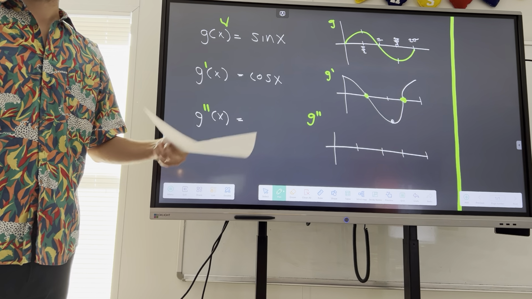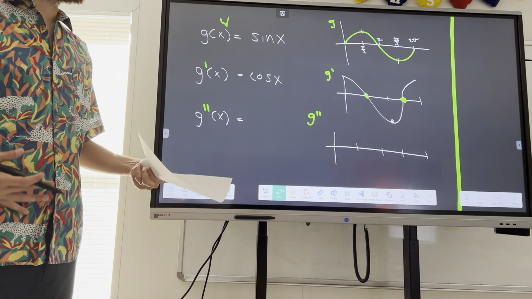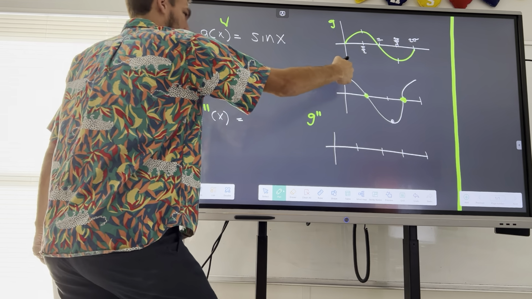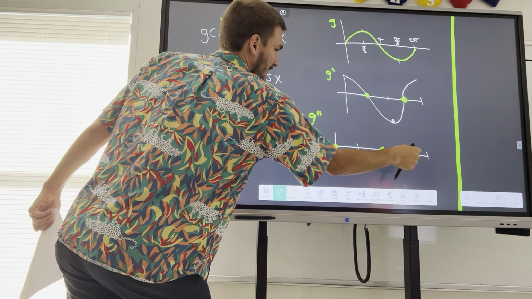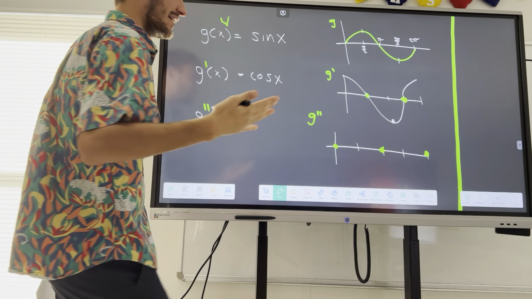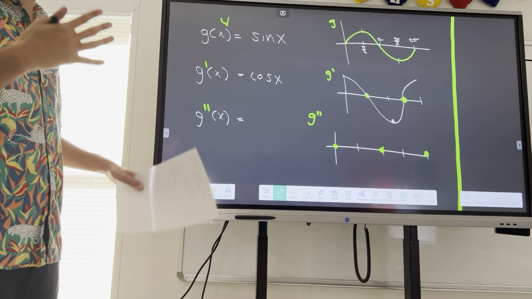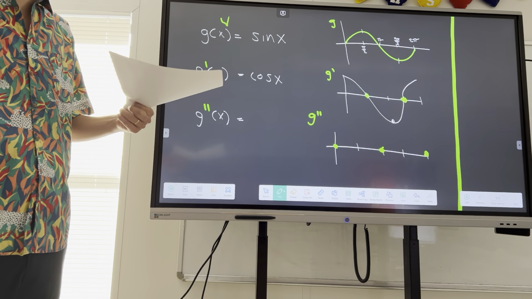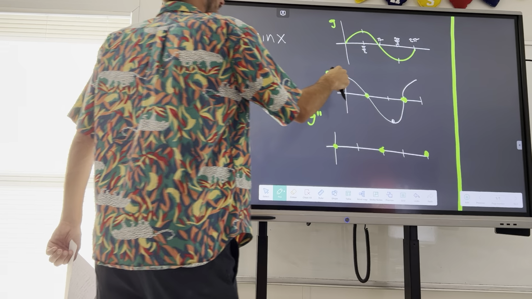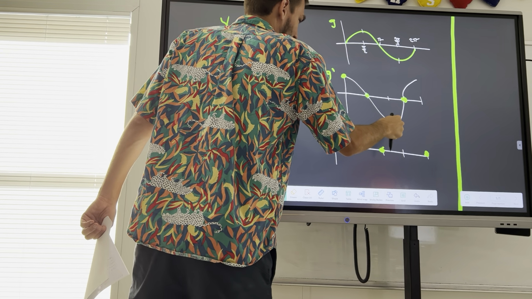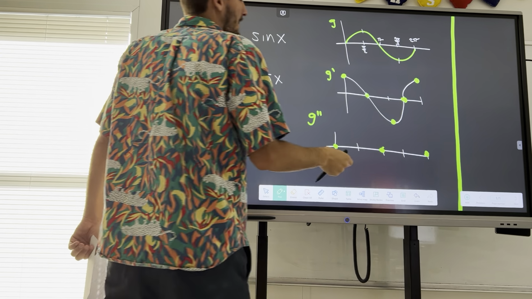So the instantaneous rate of change is 0. At the peak, at the valley, at the peak. Here, here, here. Is this on the right track? Yeah, this is looking kind of siney, to be honest. Okay, so that means we're talking about this place, and this place.